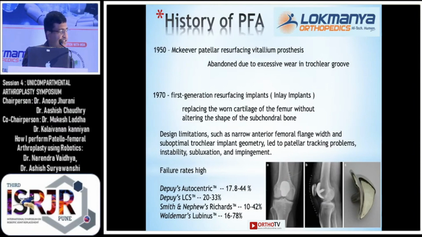As history suggests, in 1950 McKeever used the first implant, which was abandoned due to excessive wear in the trochlear groove. In the 1970s, other implants came, also called first generation resurfacing implants. The design is more of an inlay design where they replace only the trochlear cartilage. The design has its limitations and a very high failure rate, some 17 to 78%.